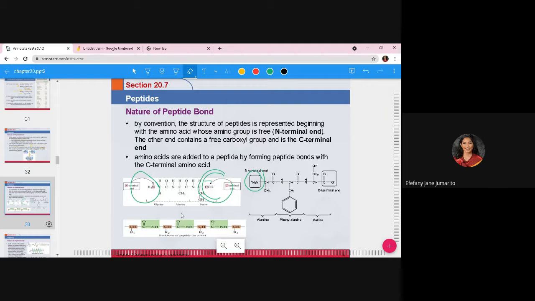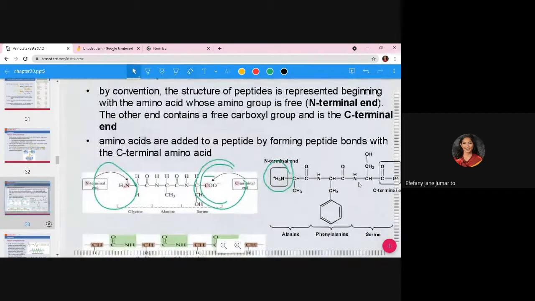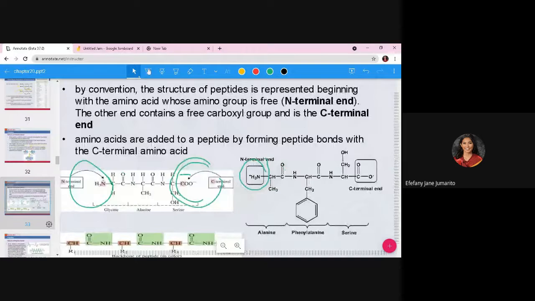Okay. So as we can see here, how many amino acids are present in this one? Three, ma'am.